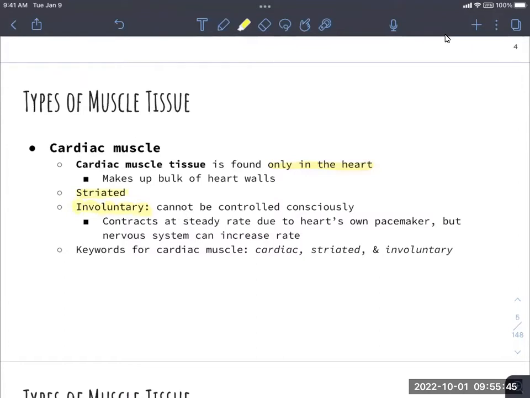You can't tell your heart to beat faster, or you cannot tell your heart to beat slower. So it cannot be controlled consciously. You can't tell it what to do. Your heart has its own conducting system, so it has its own pacemaker. This pacemaker is what helps the heart beat at a consistent rate.